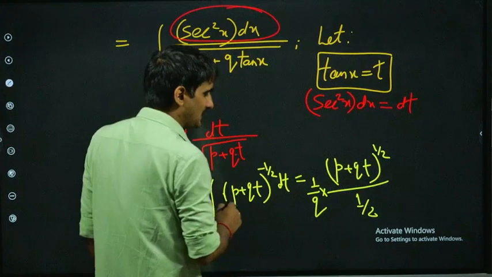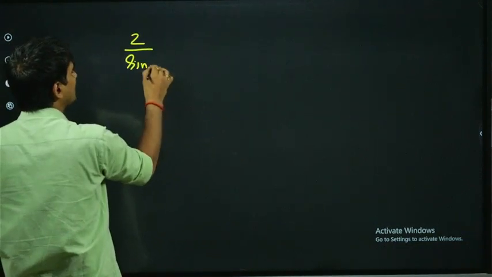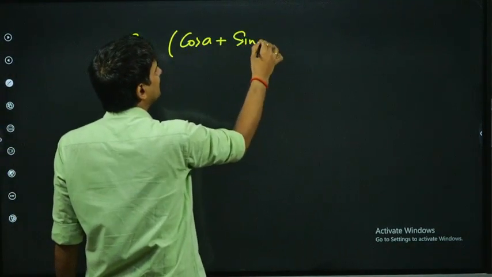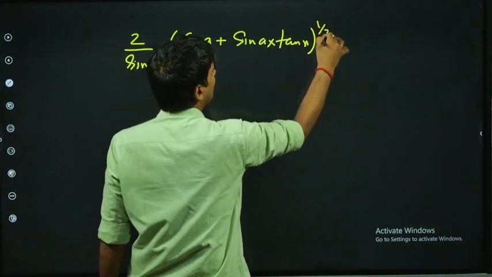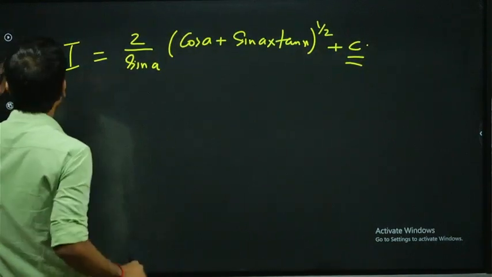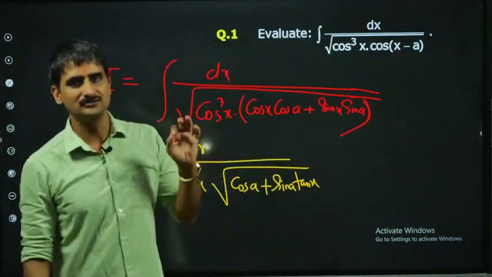So the final answer should be 2 by q, so 2 by sin a into the square root of cos a plus sin a into t, which is tan x, and the whole is raised to the power half. And of course we won't forget to put the indefinite integral constant here. So that was the first question of indefinite integration to start with.